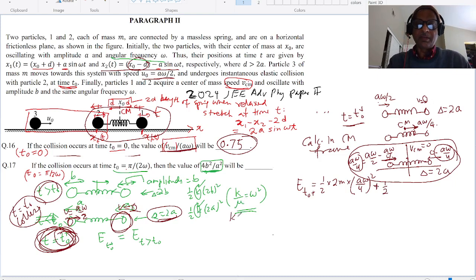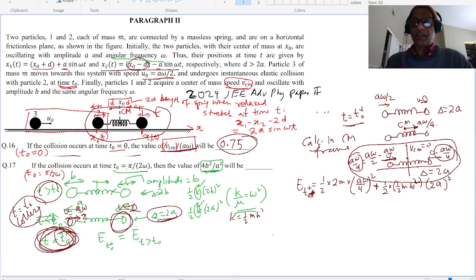K is half m omega square. So half times half m omega square times 2a squared. So this is the total at t0 plus time.